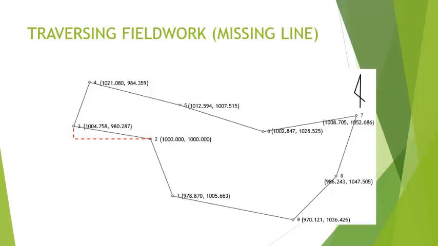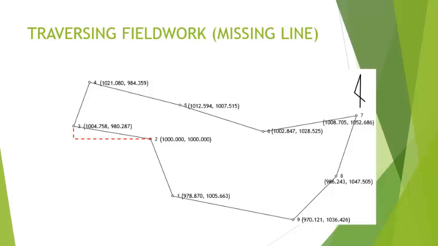Then there is an increase in the value of northing from 1000 north to 1004.758 north. The increase in value is because the direction is moving upward.